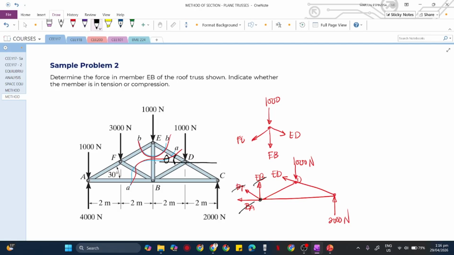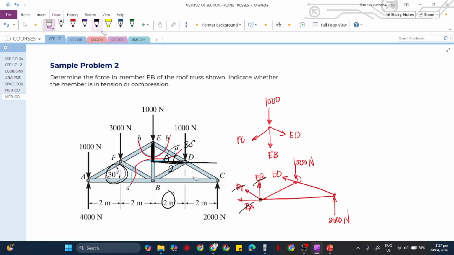We can use the triangle: obviously the base is 2 meters. But we don't have the height, right? Do we have the height, class? Can we use the 30, sir? Okay, this is 30, and this is also 30, so of course this one is also 30.